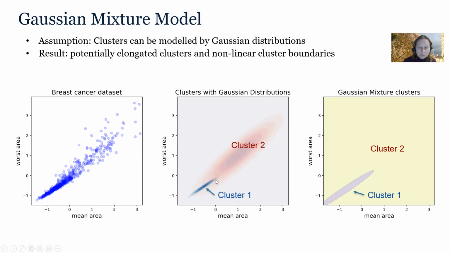And a Gaussian mixture model can actually work out that there is one cluster here with this kind of very elongated Gaussian distribution, and a second cluster like this. And this is the boundary between the clusters, and you see that this boundary is nonlinear. So Gaussian mixture model can actually detect elongated clusters with nonlinear boundaries.